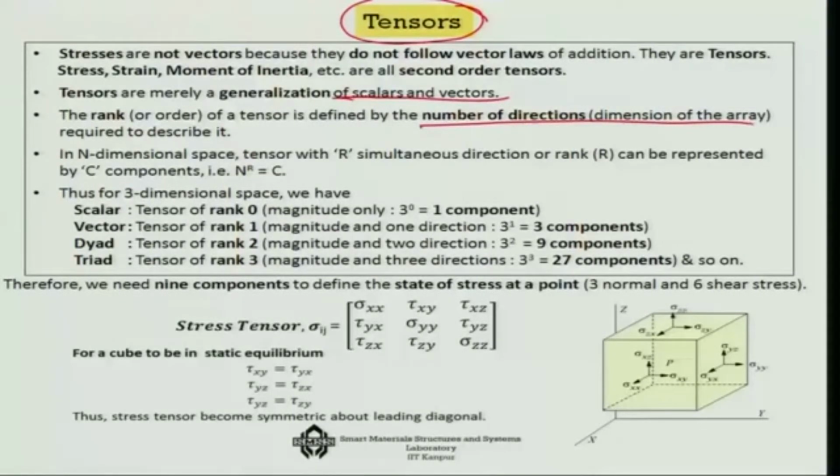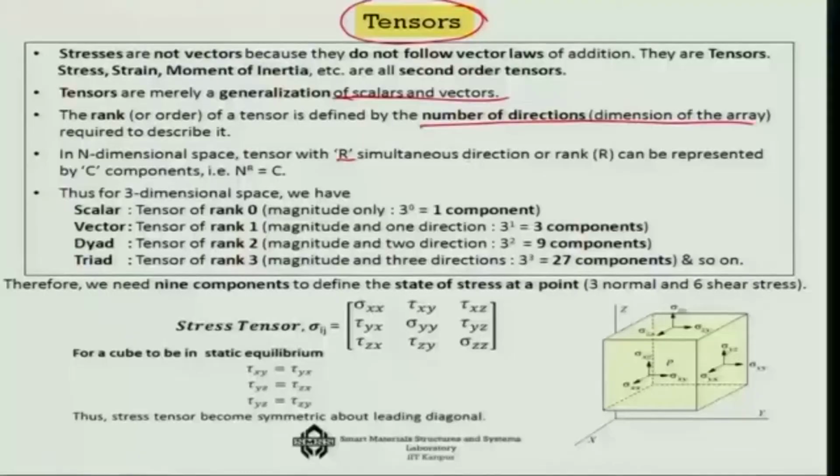So, suppose we are talking of an n-dimensional space and a tensor of rank r, then it can be represented by c components such that n to the power r equals c. Now, let us try to use this in terms of our day to day experience.